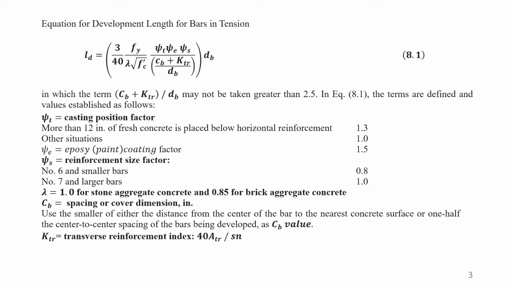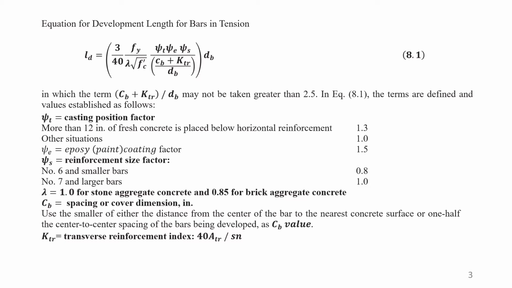Psi t is the symbol for a rod used at the top side of the beam. If steel is placed at the top of a beam, then we will be using the psi t factor.